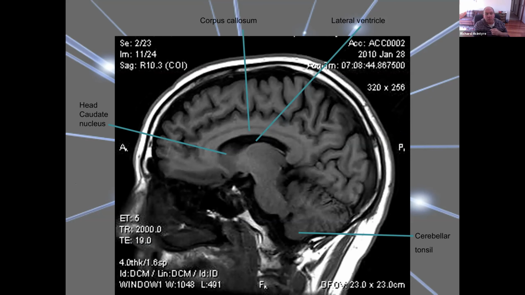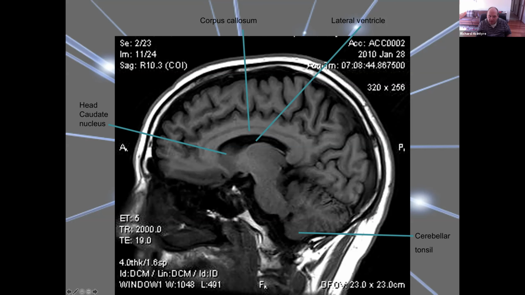Head of our caudate nucleus, so that's just what we call partial voluming. So it's got a little bit of that head in it. Okay, then we've got our lateral ventricle, and we've got our corpus callosum. We know that delivers neural messages from one side to the other of the brain. Okay, and of course our cerebellar tonsils. So our tonsils are just an extension down there in the cerebellum.